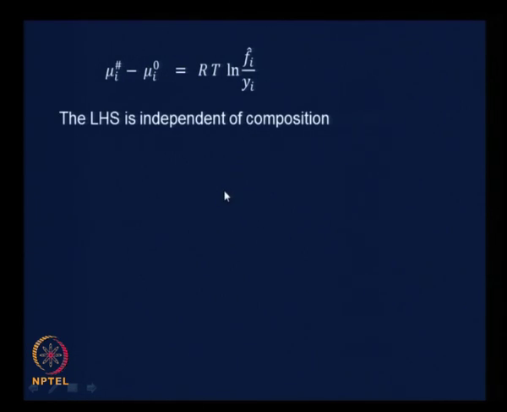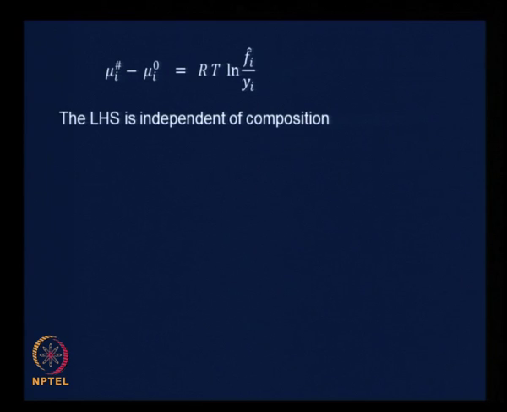Now note this argument a little carefully, we will be using this argument a few more times in this particular course. You see here mu I hash minus mu I naught, this is the left hand side of the equation. You know that in any equation whatever applies to the left hand side must apply to the right hand side. So we will look at dependencies here.